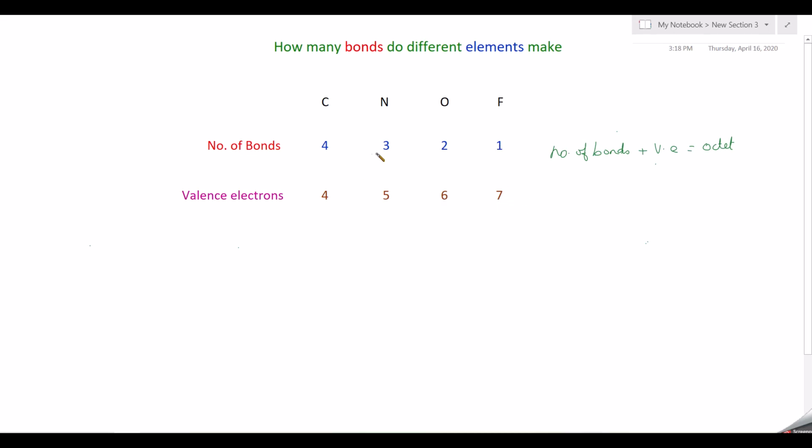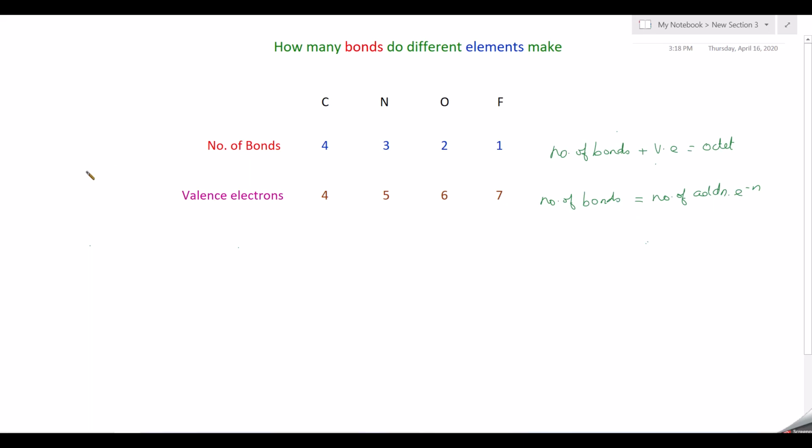The other piece of information: the number of bonds each element wants to make will be equal to the number of additional electrons it needs to form the octet. These two will be the same.